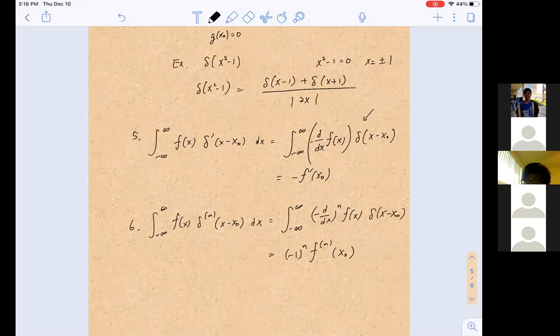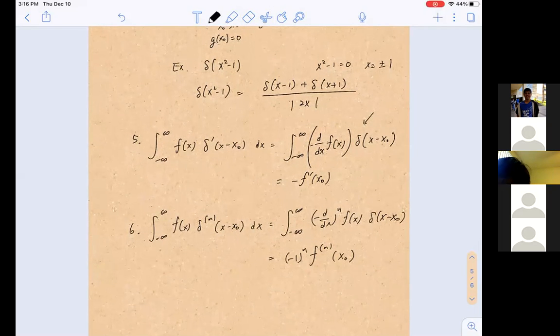Excuse me, for the previous example, I think you need to plug in x equals plus or minus 1 at the denominator. Yeah. So since it's a sum, for the term that has x minus 1, you plug in 1 in the denominator. For the term that's x plus 1, you plug in minus 1 in the denominator.